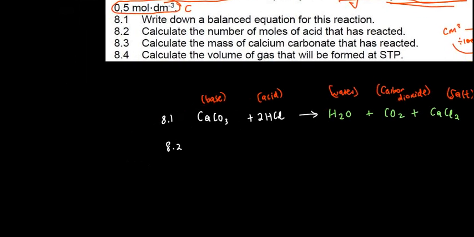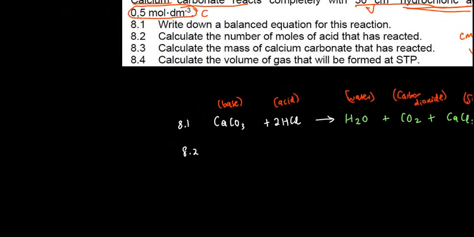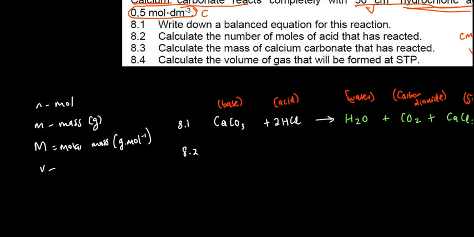I usually say that if we can remember that n is mole, m is mass, which is measured in grams, and then capital M is molar mass, which is measured in grams per mole. And then V is volume, measured in decimeter cubed.